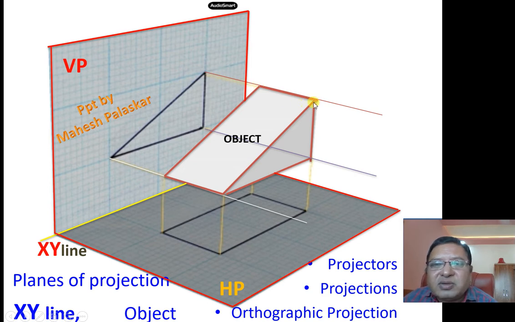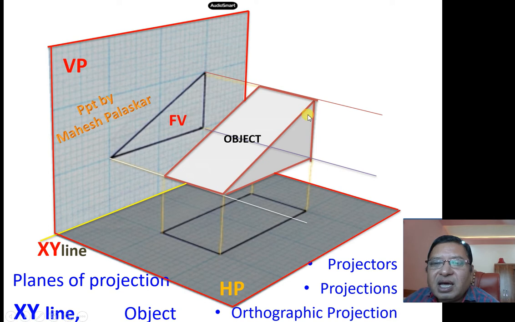It passes along this edge, through these two points, and it will meet the vertical plane at this point. So we get three important points on the vertical plane. If these three important points are joined in proper sequence, you get the front view. So this is nothing but the front view.